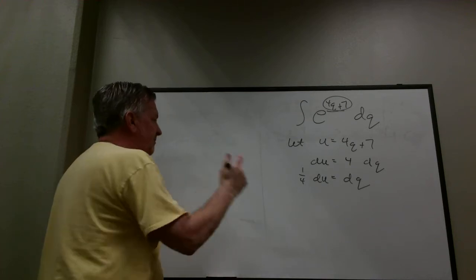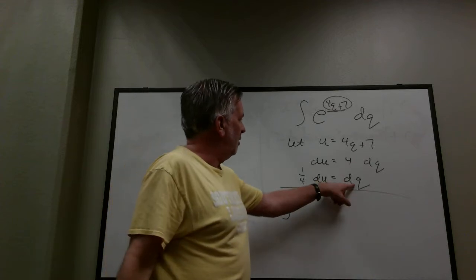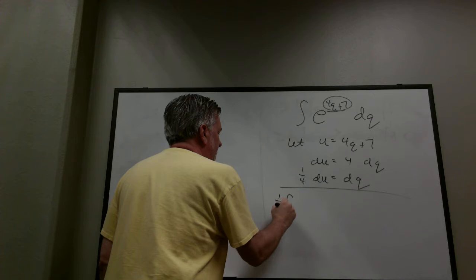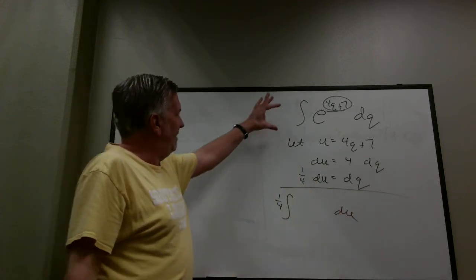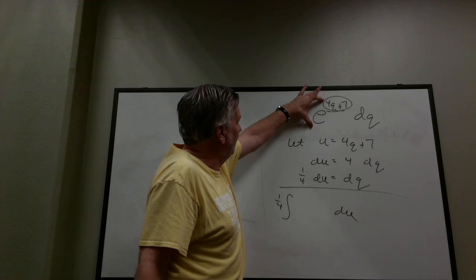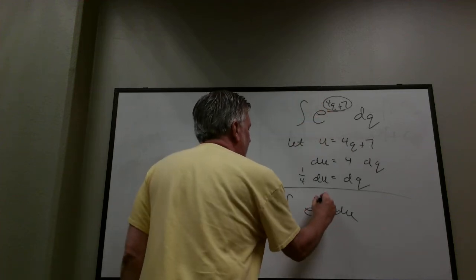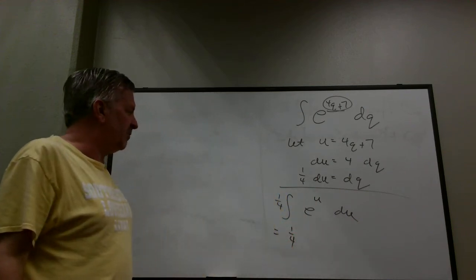Okay, now let's do the substitution. Well, always substitute for the dq stuff. dq is a fourth du. That takes care of the dq. And then what I'm left with is the integrand here, e to the 4q plus 7. Well, 4q plus 7 was u, so that's just e to the u. And what was the integral of e to the u?